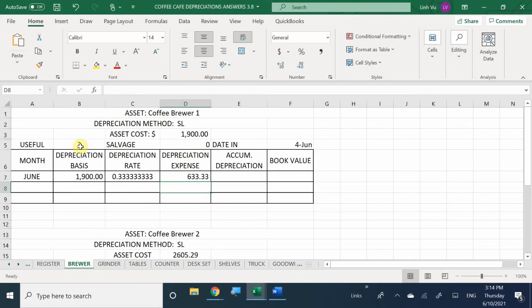Shouldn't that be for the month? Because it's depreciation times the rate, correct? Okay, I'm lost. Now tell me, if I depreciate this every single month, $633.33, I have to divide this by 12 because this is an annual rate.